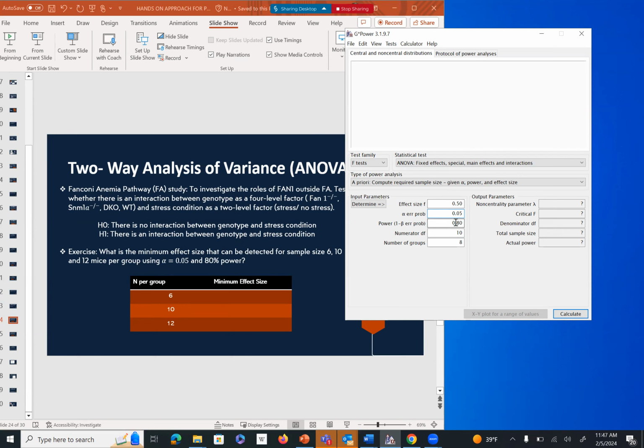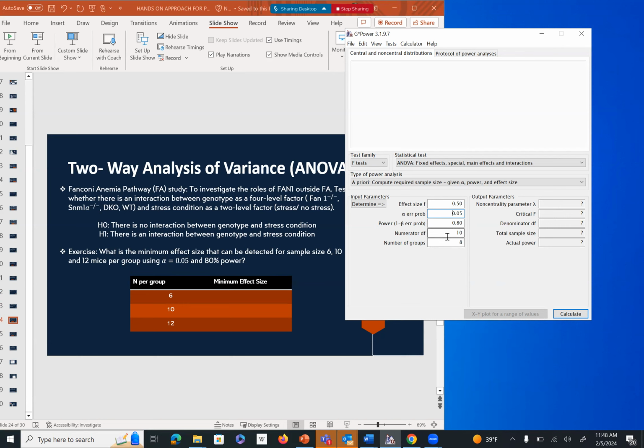So here my power is 80%. My alpha significance level is the same. My numerator degrees of freedom and number of groups are the 2 new values that I need to calculate. Since we have 2 factors here, one a 4-level factor and one a 2-level factor, our numerator is found by taking the number of levels for the predictor minus 1.